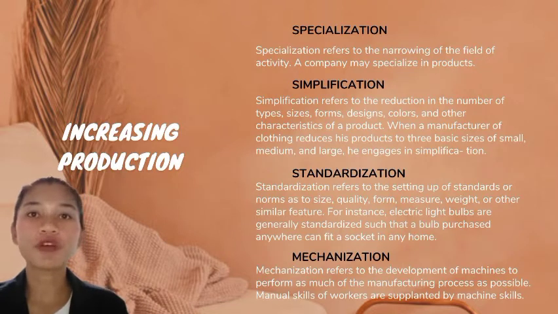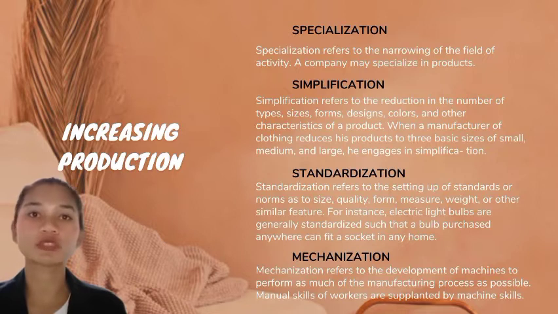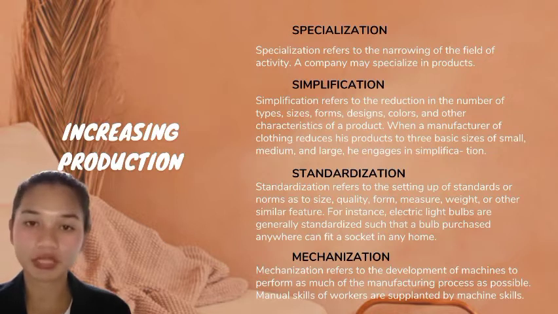So when a manufacturer reduces his product to the three basic sizes, small, medium, and large, he engages in simplification. Simplification helps reduce inventories of raw materials to affect economics and lower costs of manufacturing, and to increase efficiency of the manufacturing process.